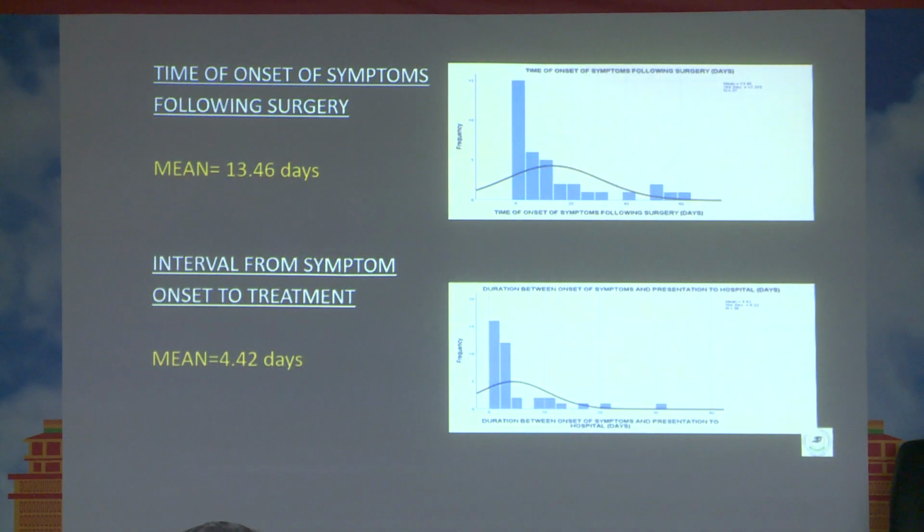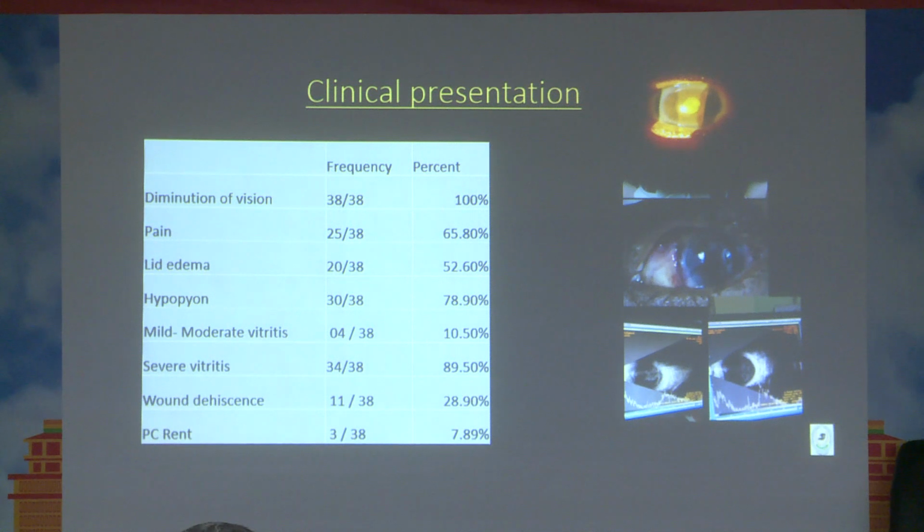Mean time of onset of symptoms following surgery is 13.46 days. Mean interval from symptom onset to treatment is 4.42 days. Diminution of vision is seen in 100%, pain seen in 65.8%, lid edema is seen in 52.6%, hypopyon is seen in 78.9%, severe vitritis is seen in 89.5%, wound dehiscence is seen in 28.9%, PC rent is seen in 7.89%.